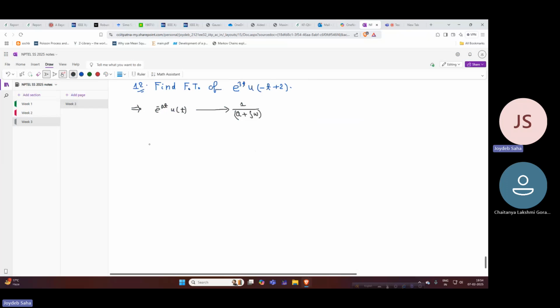So we can write e to the power minus 3t u(t), its Fourier transform is 1 upon (3 plus j omega).